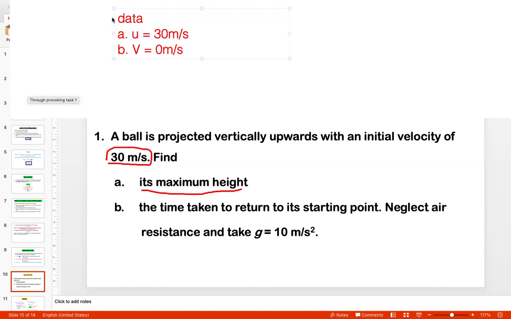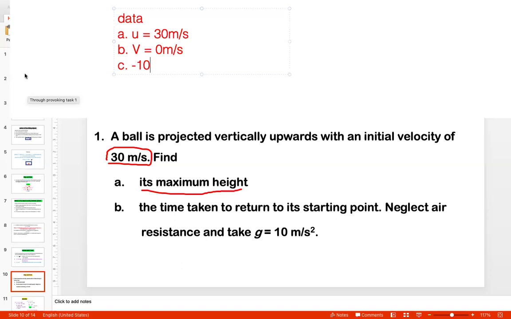It's gonna be 0, buddy, because the maximum height is the point when the object starts falling. For it to change direction, the speed that it has finishes. Then the acceleration due to gravity: because this object is going against gravity, the speed is reducing, so the acceleration becomes negative.